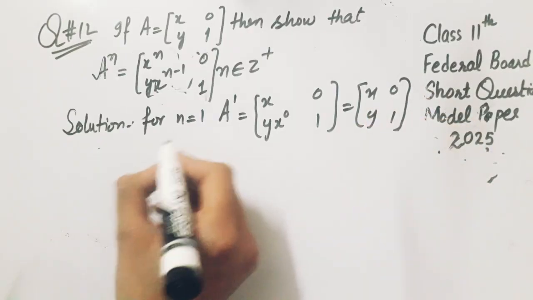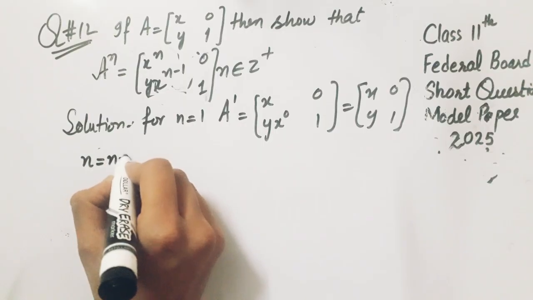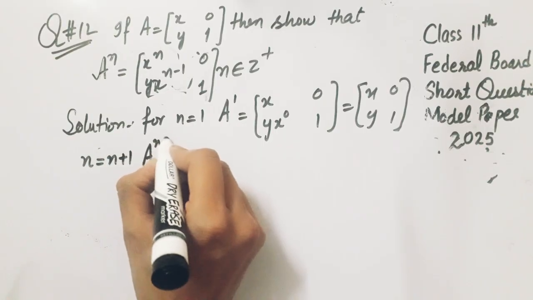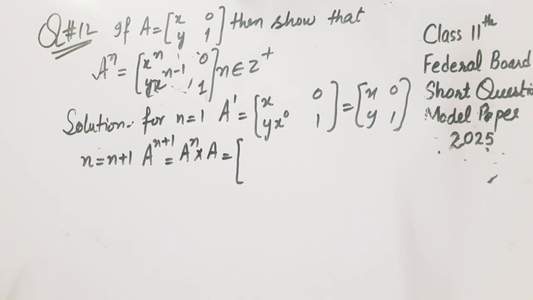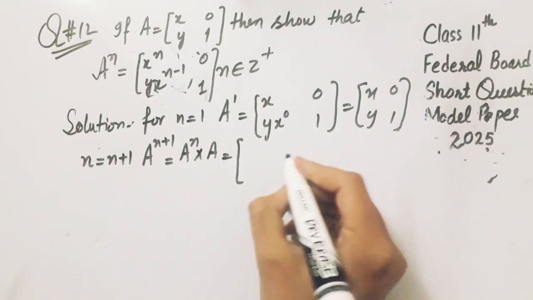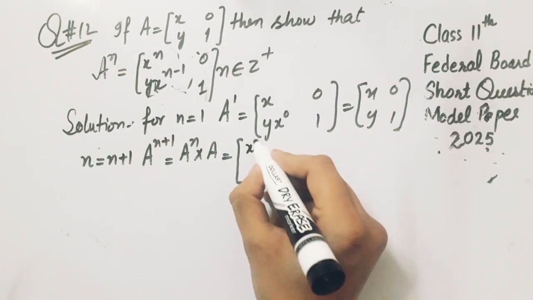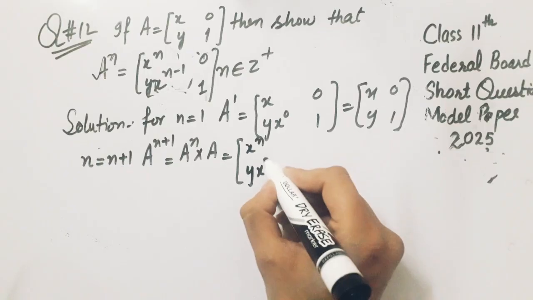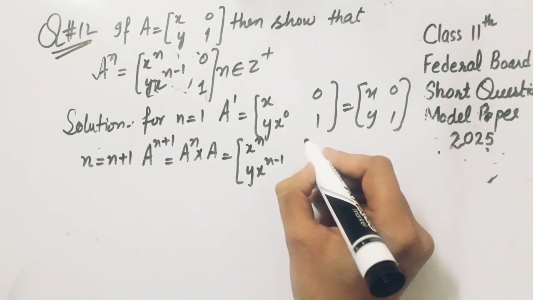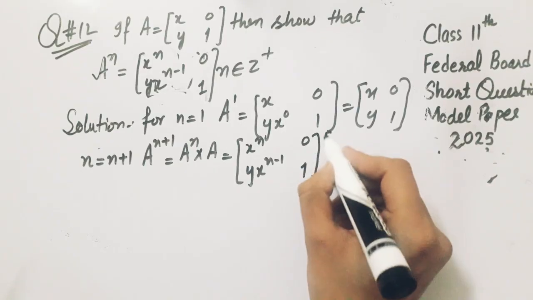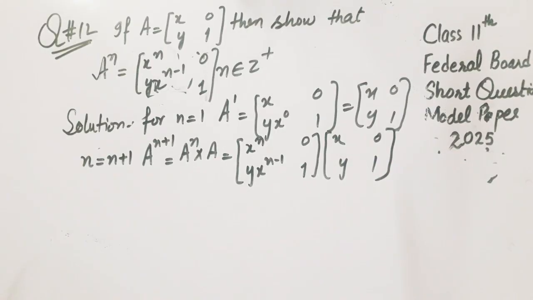Now we will prove this for n is equal to k plus 1, or n plus 1. So A raised to power n plus 1 will be equal to A raised to power n multiplied by A. So A raised to power n can be written as the matrix x raised to power n, y, x raised to power n minus 1, 0, 1, multiplied by the matrix x, y, 0 and 1. Now we will multiply both these.